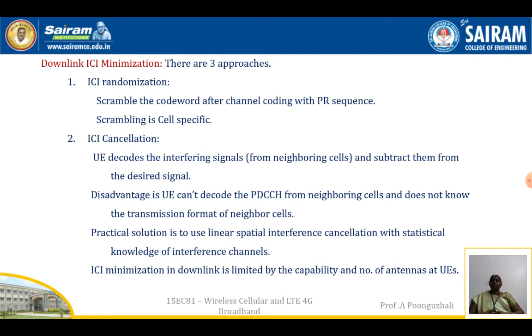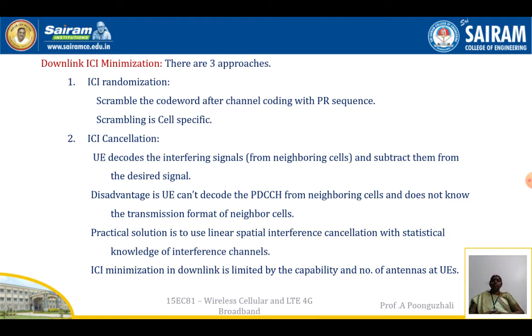Next is your ICI cancellation. ICI cancellation is nothing but the user equipment decoding the interfering signals from the neighboring cells and subtracting them from the desired signal. But the disadvantage here is that the user equipment cannot decode the physical downlink control channel from the neighboring cells, and it does not know the transmission format from the neighboring cells.